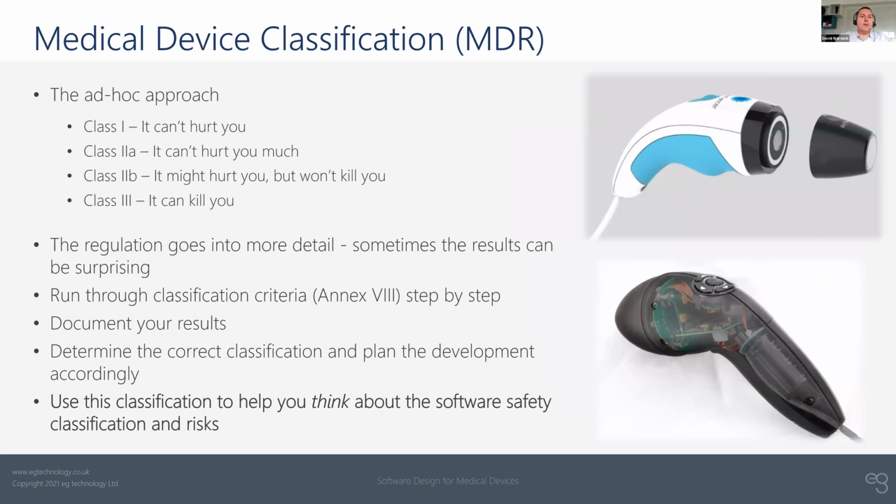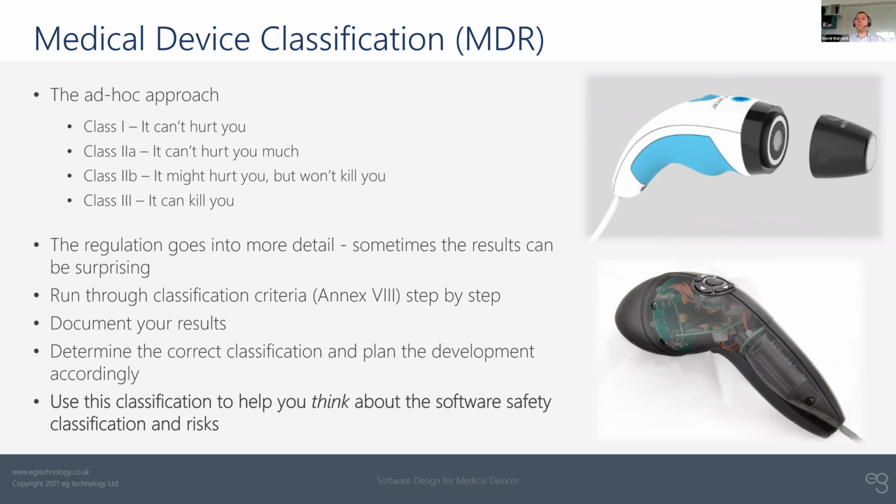So at the very top level, we have medical device classification. There's detail on how you run through that in the MDR document itself. Annex 8 gives you the rules and classification criteria, and relatively recently there has been some additional guidance published on the interpretation of those rules.